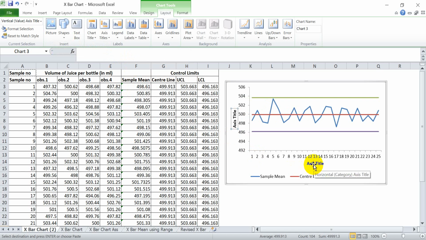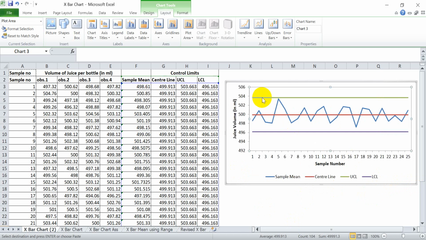So this is the sample number. This is the juice volume in ml.